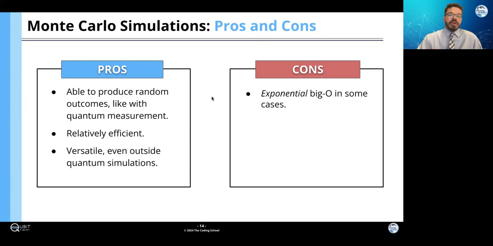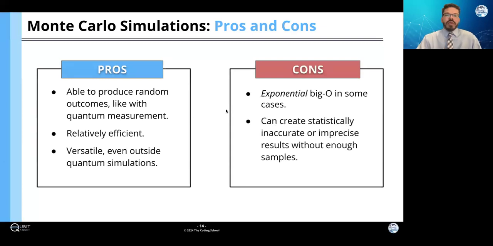Okay, the cons: exponential big O in some cases. So it scales better than the state vector, but the scaling, quite frankly, is always going to be a bit of an issue because we're taking a classical system and simulating a quantum system. And that's just, in general, a hard problem.